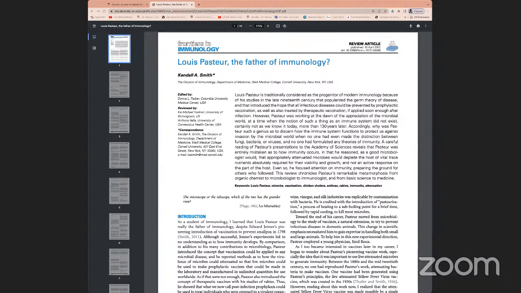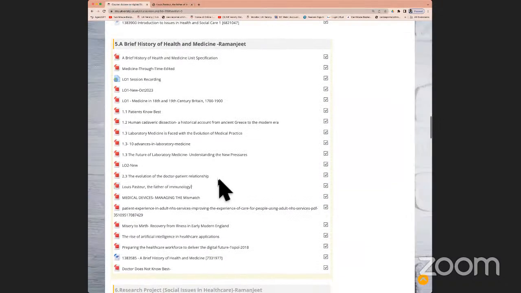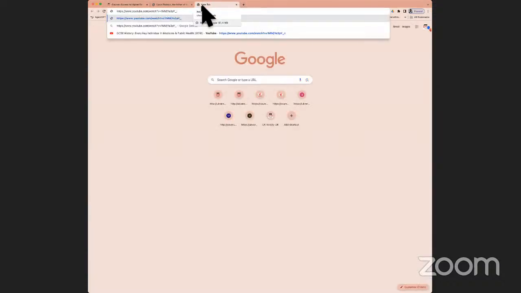Now, when we talk about the second aspect, if I go back here, looking at the work which has been carried out by Joseph Lister, and obviously we look at the history of medicine. There is a particular video which I think I asked you to go through yesterday, which is about the role of various individuals and their contributions, in particular with regards to new discoveries and inventions in the field of medicine.